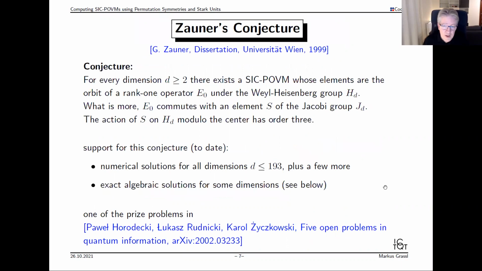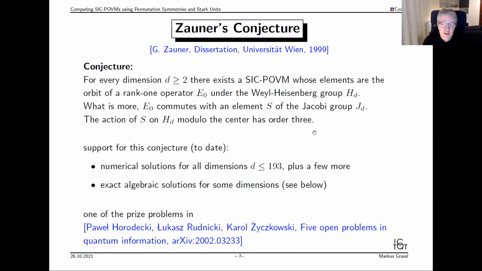Effectively, what Zauner stated in his PhD thesis back in 1999, and he didn't make it a prominent conjecture, it was more in the main text, where he made it as a paragraph saying what we have seen so far makes the following plausible. The following, phrased in our terms, is that in all dimensions we would have a SIC-POVM which is the orbit of a Weyl-Heisenberg rank 1 operator.